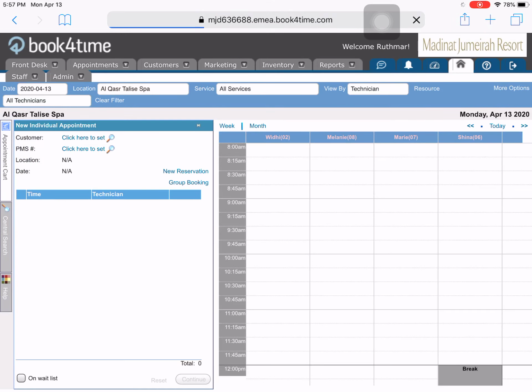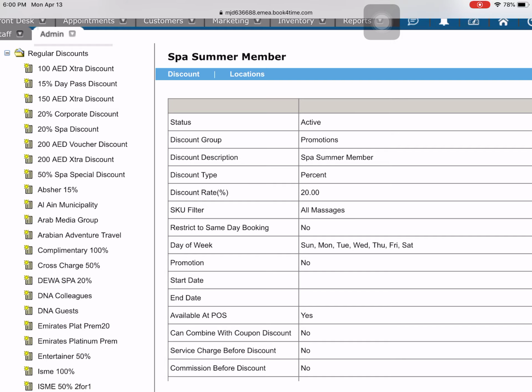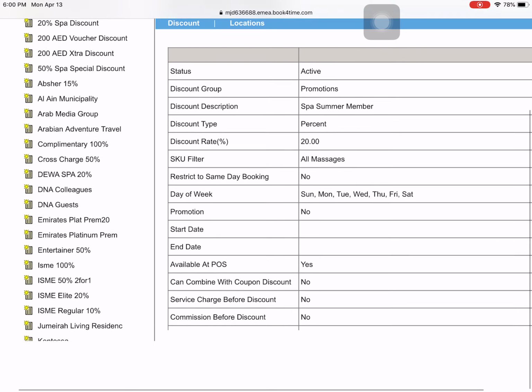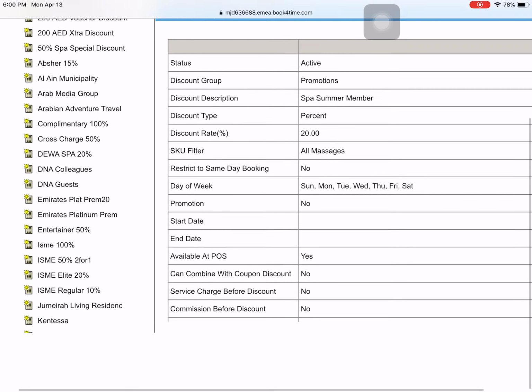As for complimentary, basically it's not a complaint guest, maybe something that the spa management gives us as a gesture. Then we have Dewa, entertainer is here, is me, and then we have here, I found something that's not here.